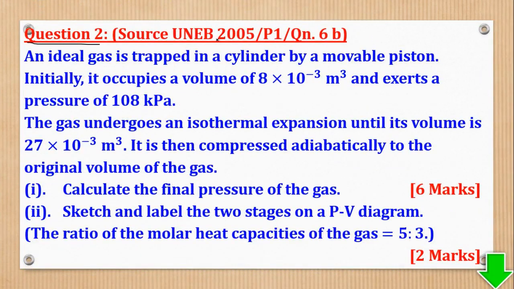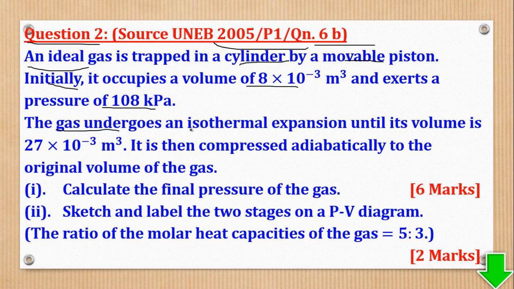Then question 2 came from UNEB 2005 paper 1 question 6b, and it says an ideal gas is trapped in a cylinder by a movable piston. Initially, it occupies a volume of 8 × 10^-3 meters cubed and exerts a pressure of 108 kilopascals.